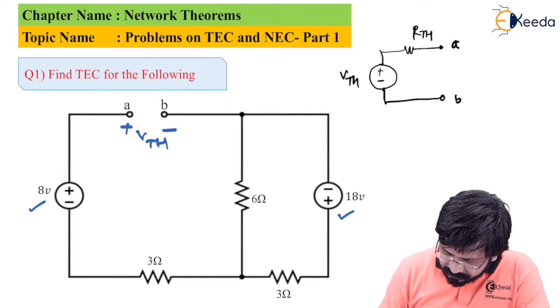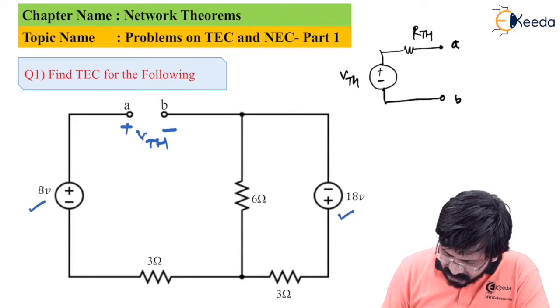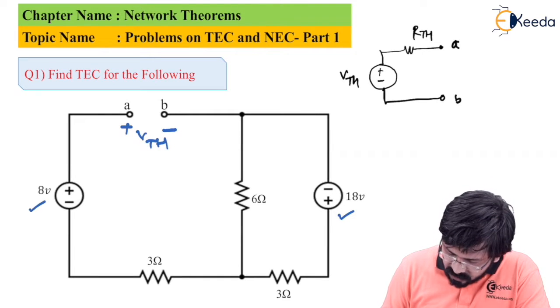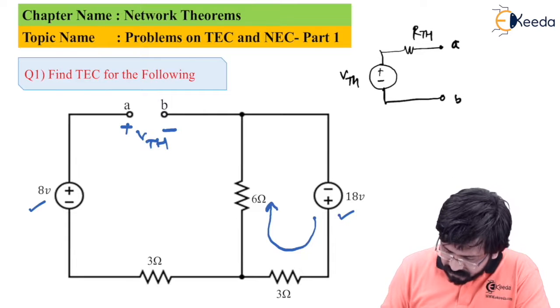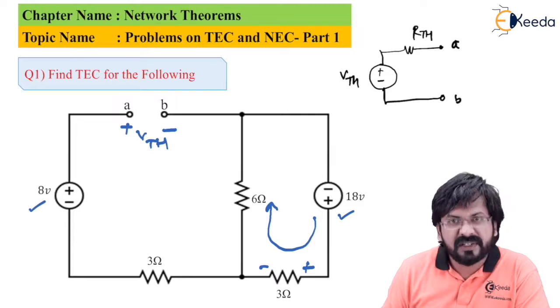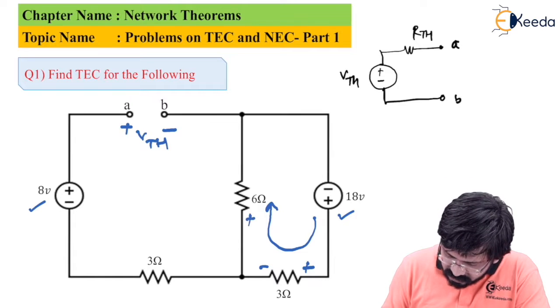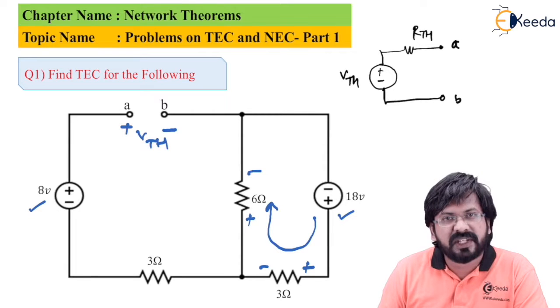So we can also find the voltage across this 6 ohms. As we can see, the battery is connected in a way that it will source a current in this direction. Therefore, we will have some voltage across this and some voltage across this. The voltage across 6 ohms can be found by using the voltage division rule.